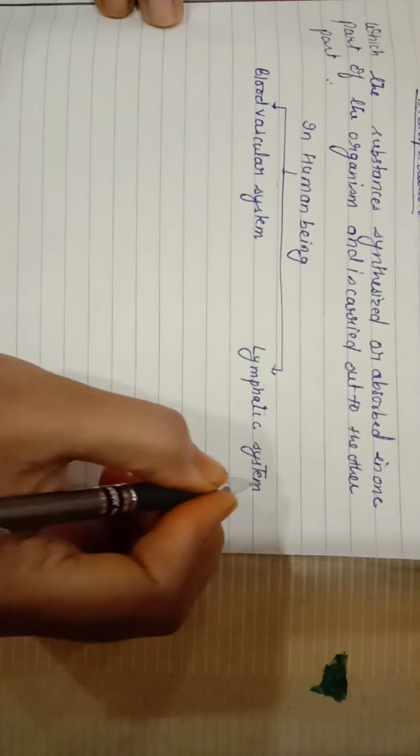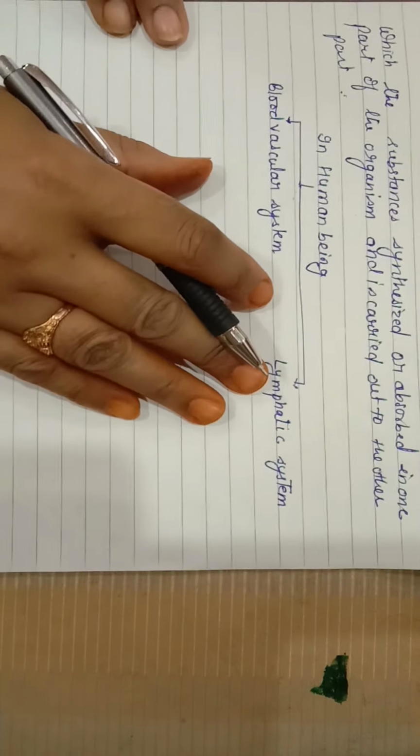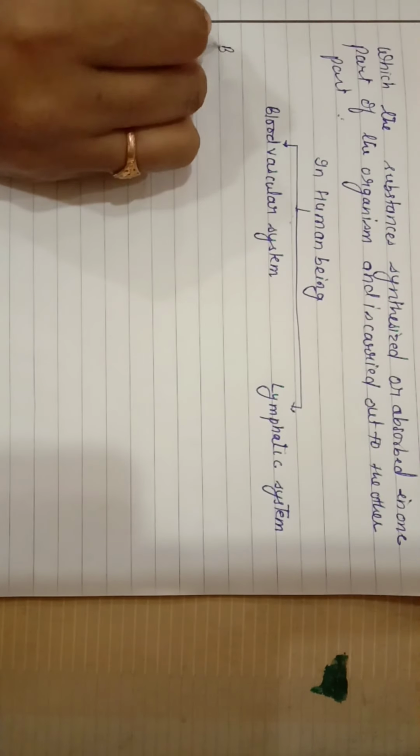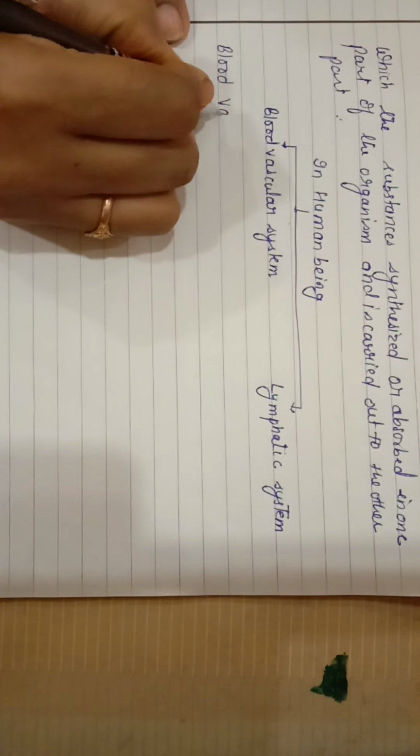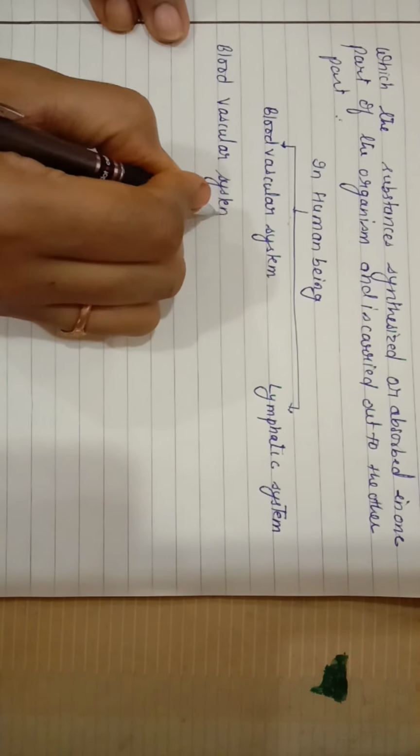So these are the two systems by which transportation in the human being is done. First of all, we will discuss the blood vascular system.